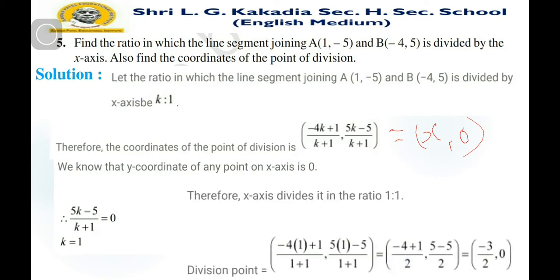Therefore, the x-axis divides it in the ratio 1 is to 1. We can find the division point by putting the value k equal to 1 in this coordinate. We find minus 3 by 2 comma 0 as the coordinate.